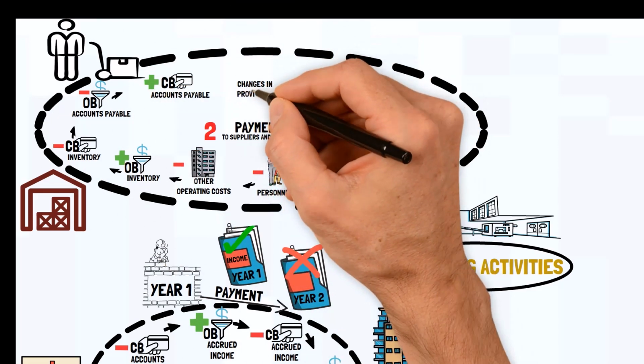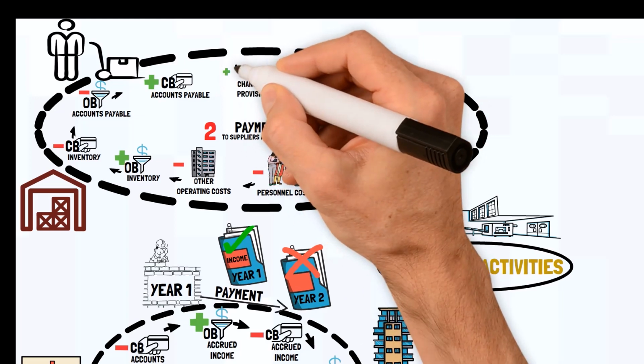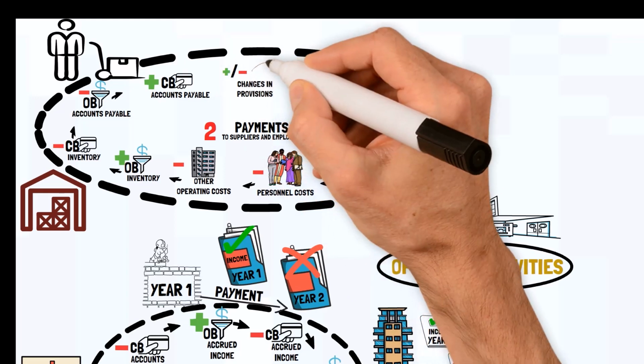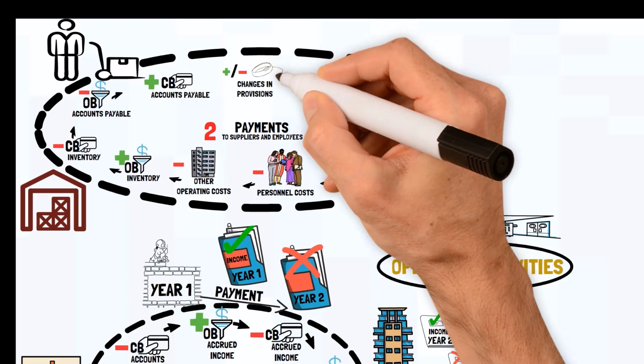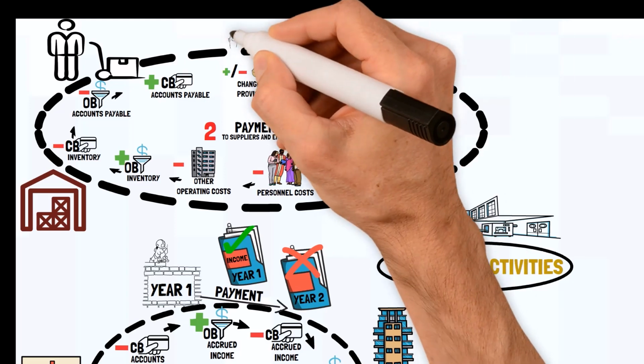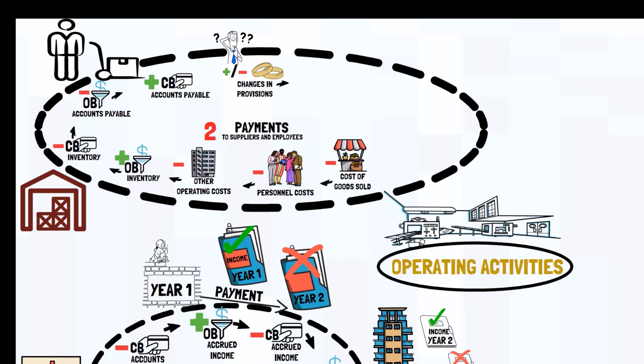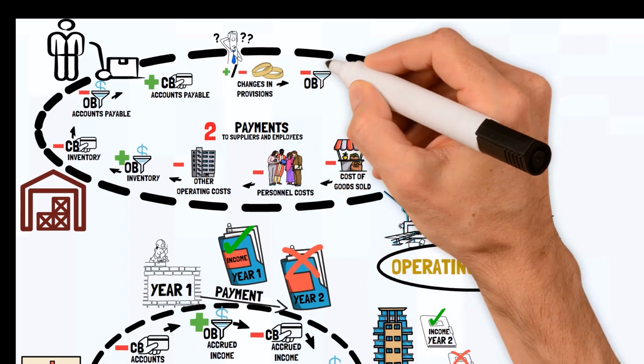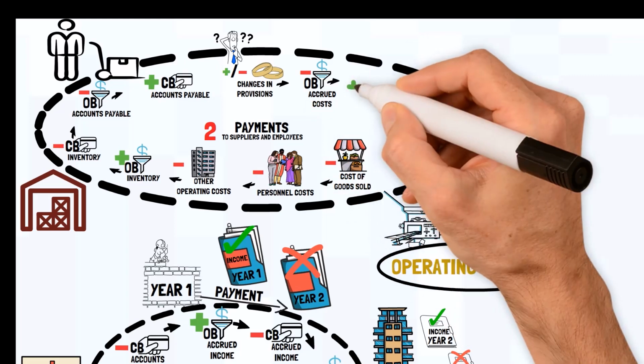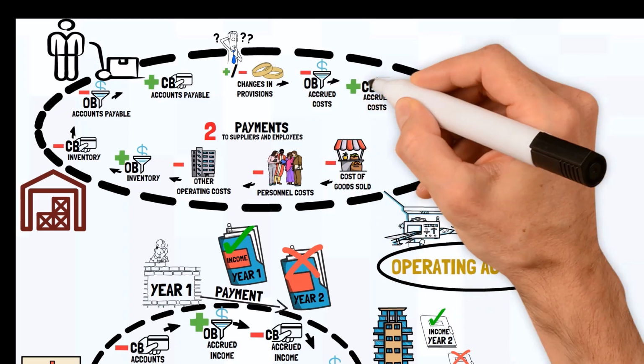Adjust for changes in provisions, which can be both positive and negative. The term provisions mean obligations that are likely, alternatively certain to occur, but uncertain as to when or to what amount. Furthermore, subtract the opening balance accrued cost and add the closing balance accrued cost.